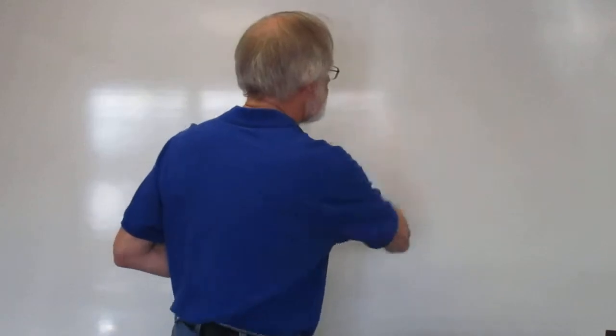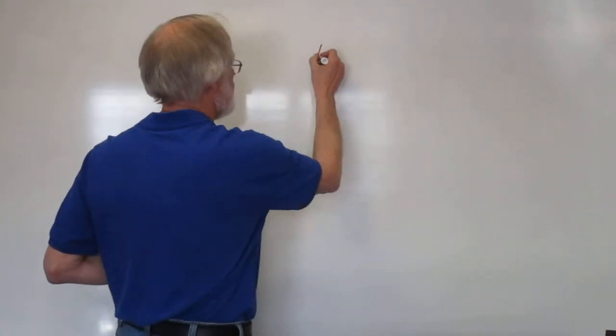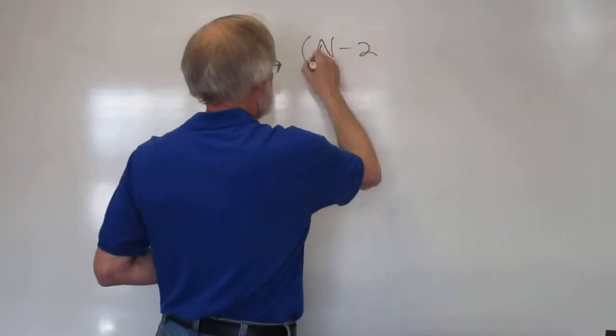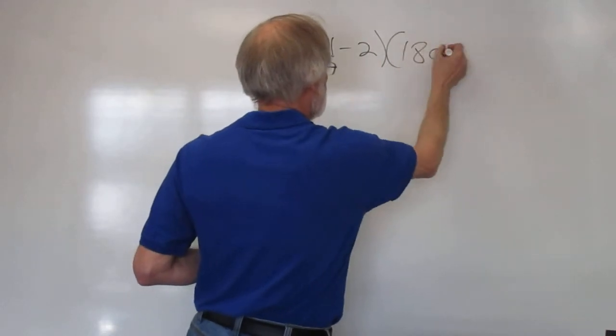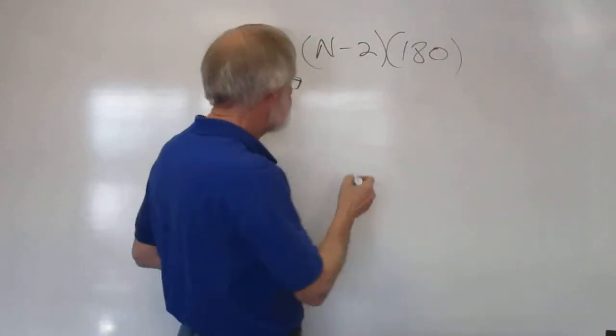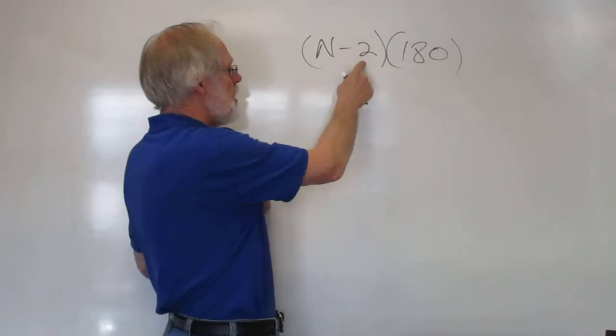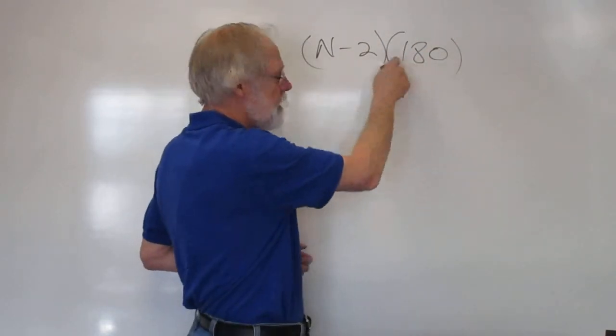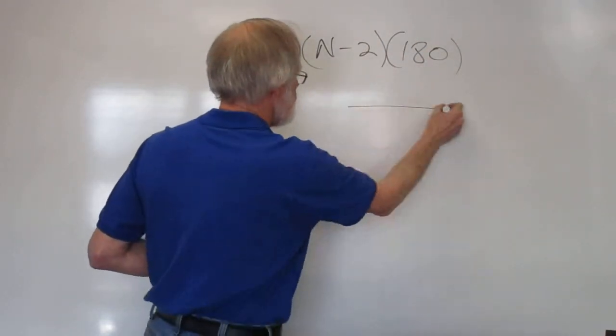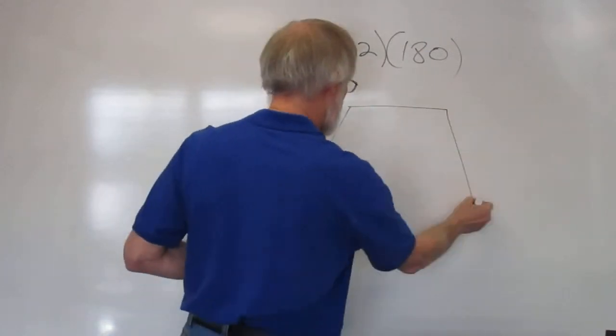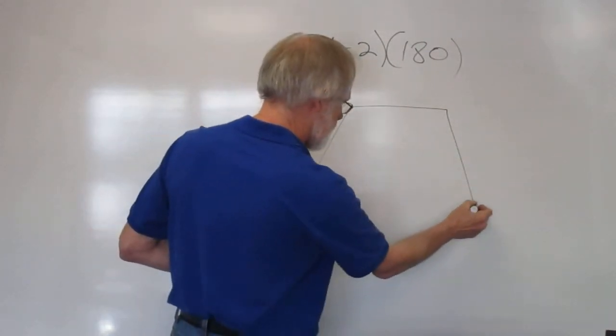In my classes, many of you are familiar with this formula, n minus 2 times 180. What that means is that the number of sides minus 2 multiplied by 180 will give you the number of degrees in all the angles of the polygon added up together.